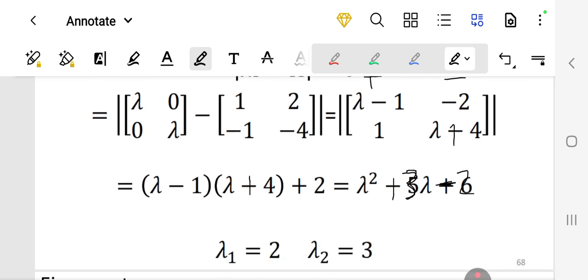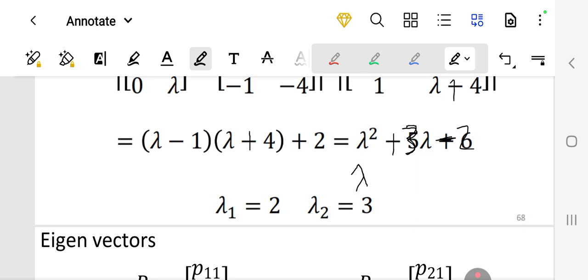This is lambda squared plus 3 lambda minus 2. This is the characteristic equation.